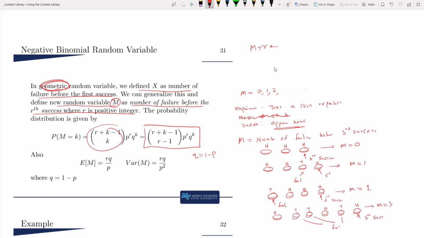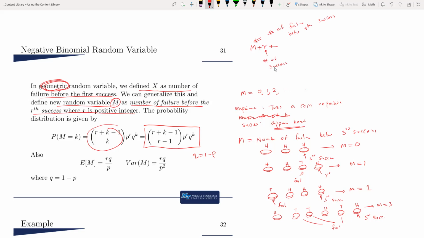This is the number of failures plus the number of successes, basically r successes.